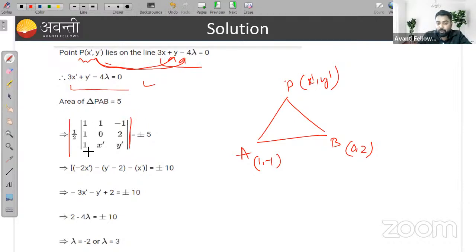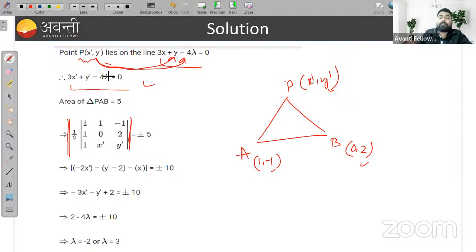Then take the first coordinate of all the points, that is 1, 0, x', as the second column. Then take the third column as the second coordinate of all 3 points, that is -1, 2, y'. So what is the area? Half into mod of this determinant is given as 5.